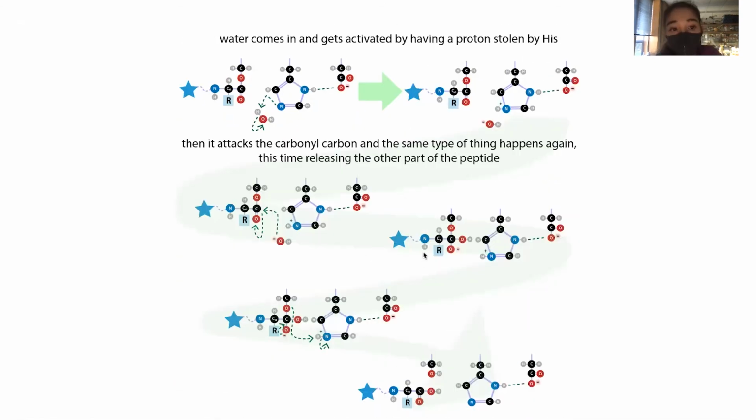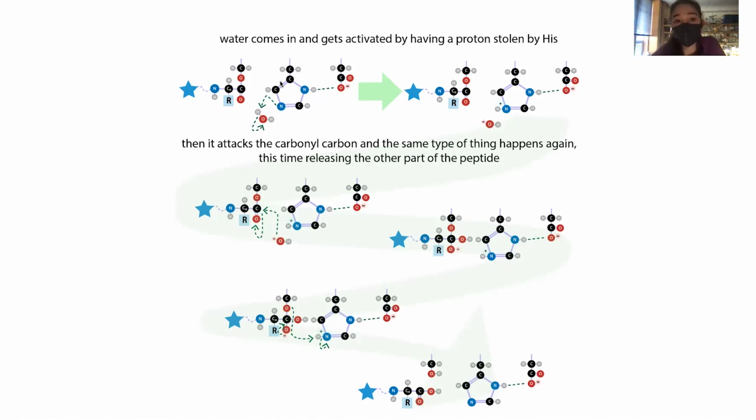How we're going to resolve that is with the help of water. So I said we exclude water, but there is some water, just in a very controlled manner. So this histidine had its proton stolen by the peptide fragment that was leaving. It stole the proton back.